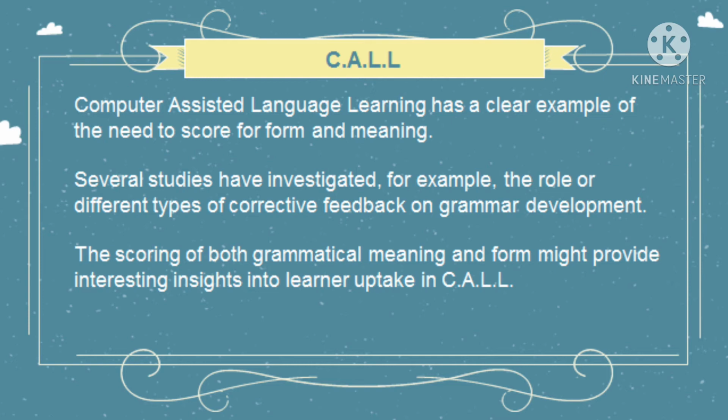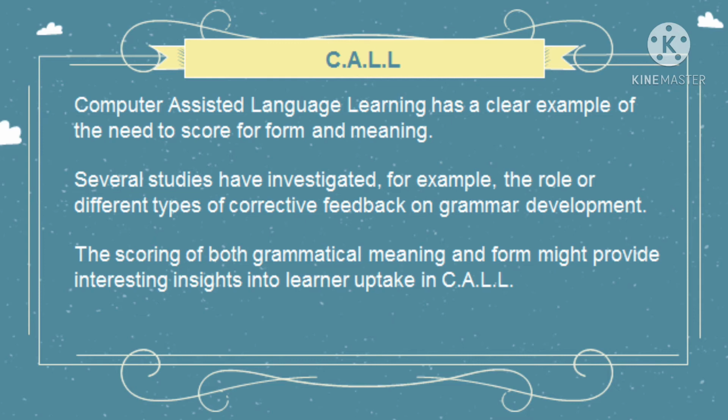Several studies have investigated, for example, the role of different types of corrective feedback on grammar development. In this sense, corrective feedback is a form of performance feedback that offers an assessment on how well the students have done. Another example is how repetition by highlighting contributes to the student's grammar development.